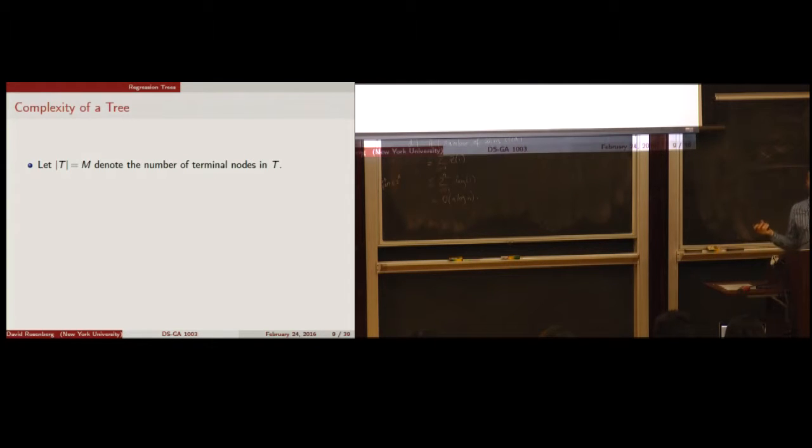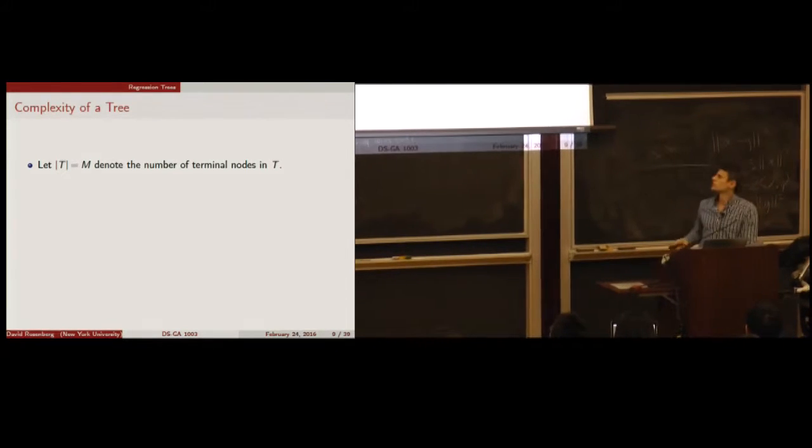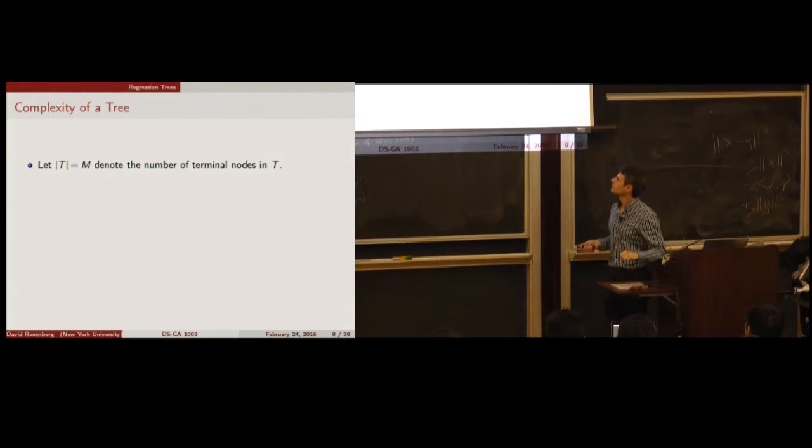So one way is to find a measure of the complexity of a tree and restrict it, or maybe penalize the complexity of the tree. So we'll measure the complexity of the tree by how many leaf nodes it has. It's pretty reasonable. And so we'll write that as, call this the norm of T. If T is a tree, we could call this the size of T, say.